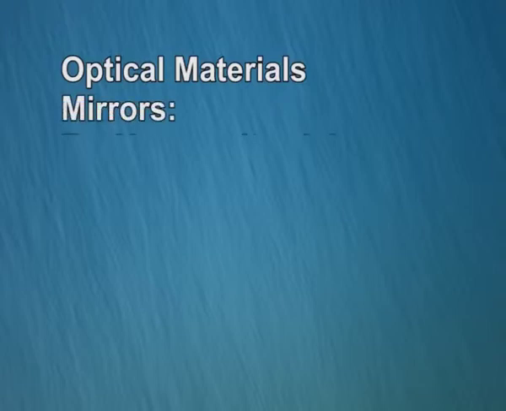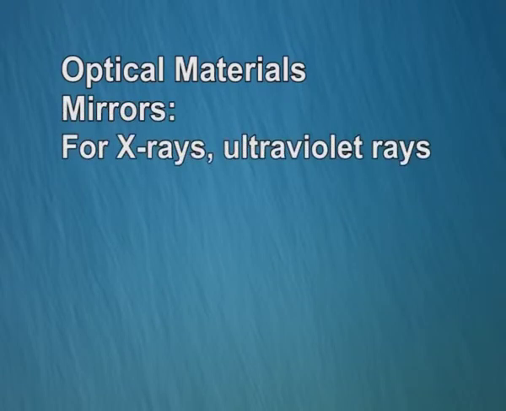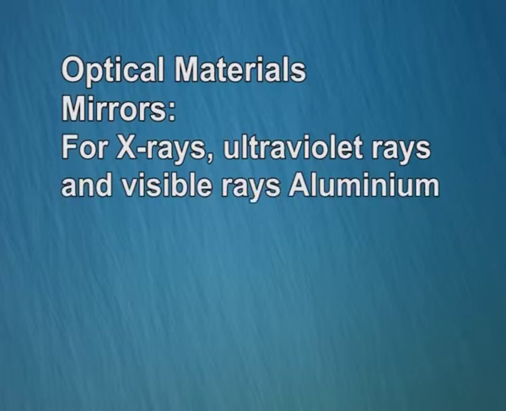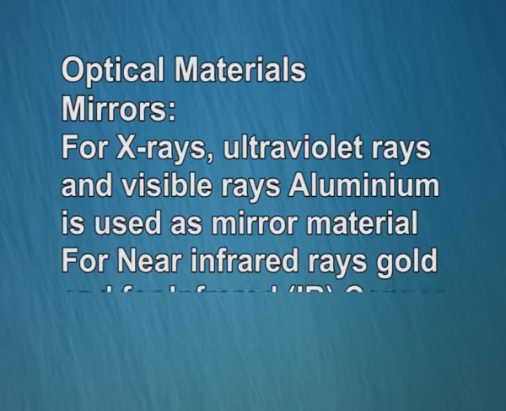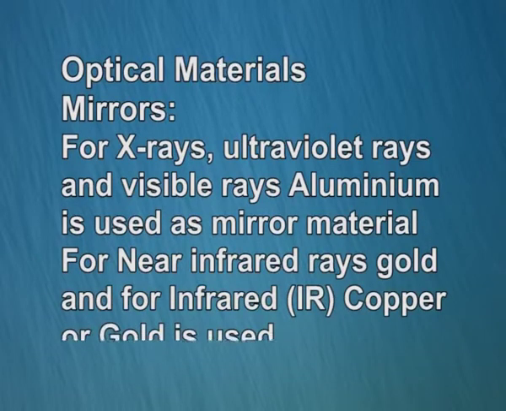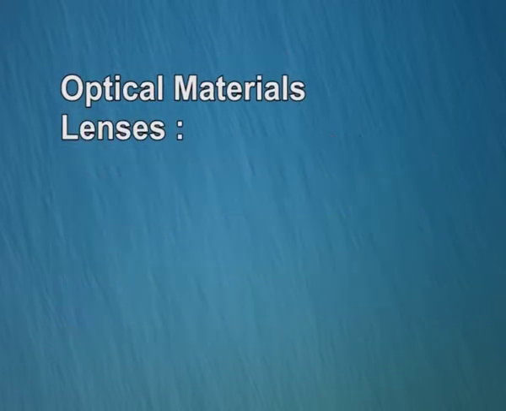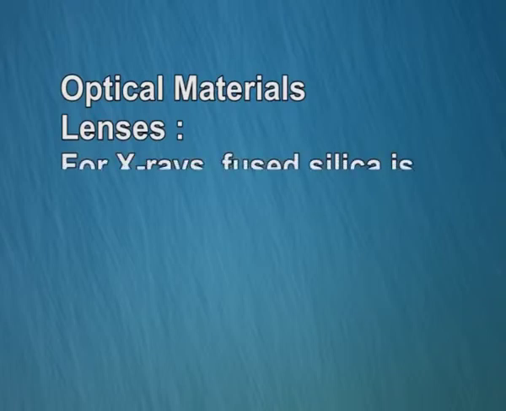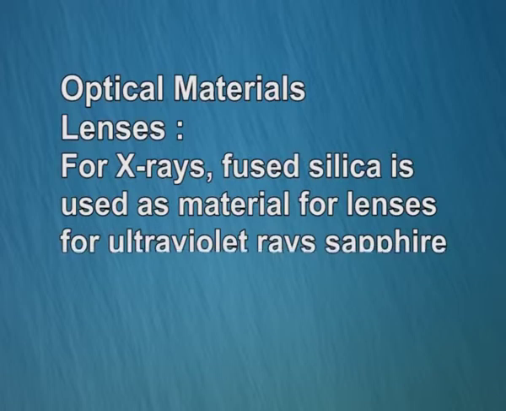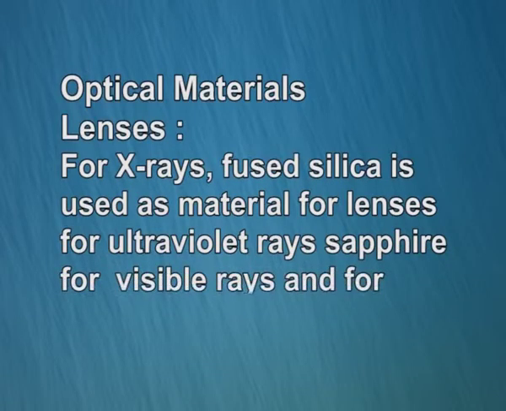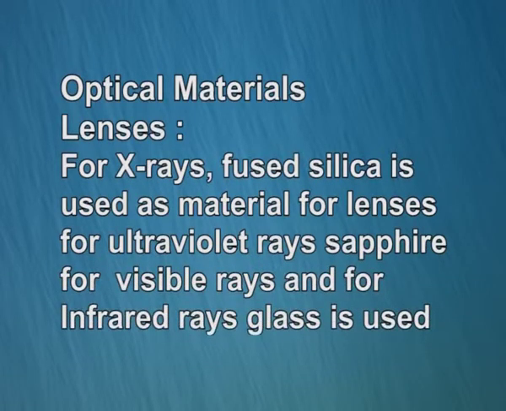Mirrors. For X-rays, ultraviolet rays and visible rays, aluminium is used as mirror material. For near-infrared rays, gold, and for infrared, copper or gold is used. Lenses. For X-rays, fused silica is used as material for lenses. For ultraviolet rays, sapphire. For visible rays and for infrared rays, glass is used.